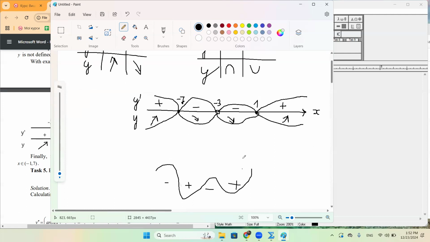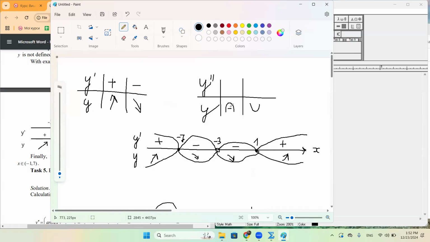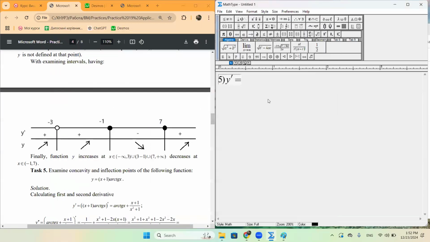So like this. Oh, stop. So the function is concave upwards when the second derivative is negative, and concave downwards when it's positive. So we need to calculate the first and the second derivative.